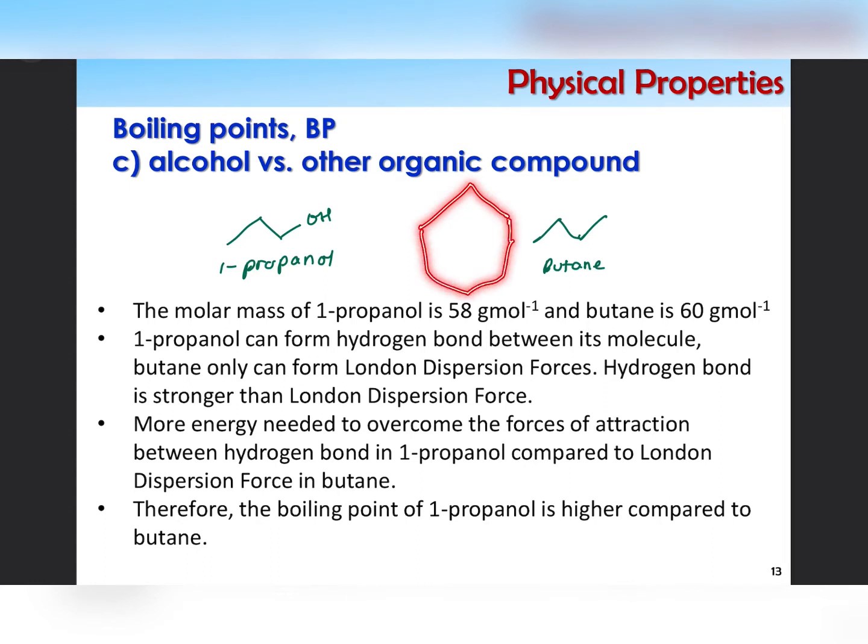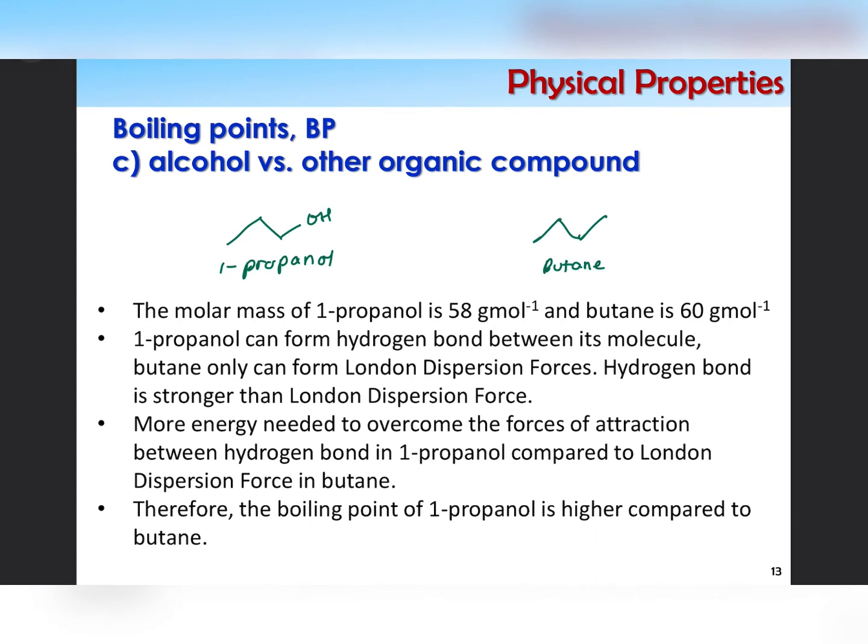Okay, sebab ini dia dah berbeza dari segi size and molecular weight. Okay, so bila kita nak compare alcohol dengan other organic compound, kita kena tengok yang dia punya molar mass almost similar, hampir sama ataupun exactly sama.